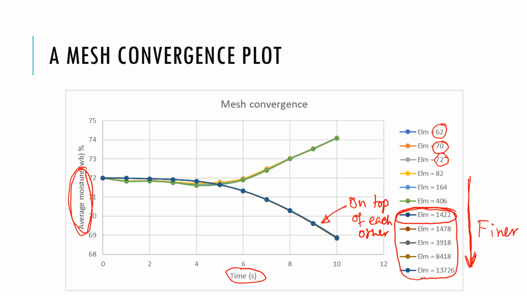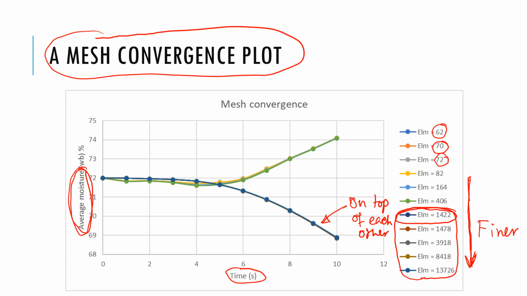does not change anymore. So the overall plot of a quantity as mesh is varying is called a mesh convergence plot, and it's very critical because it is this one that is saying that, look, your results no longer depend on how you chose the mesh or how fine a mesh you chose.